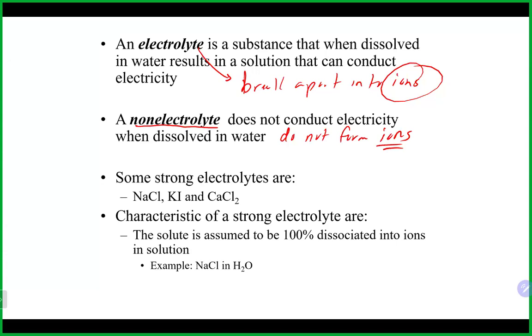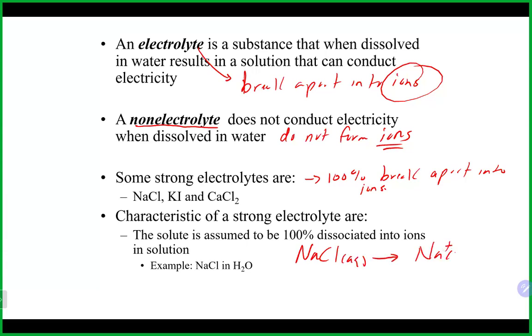Now, strong electrolytes, as a reminder, are things that basically 100% break apart into ions. Most ionic compounds that are solutions are strong electrolytes. So if you had, for example, a beaker of sodium chloride solution, inside that beaker you would have 100% sodium ions and 100% chloride ions.